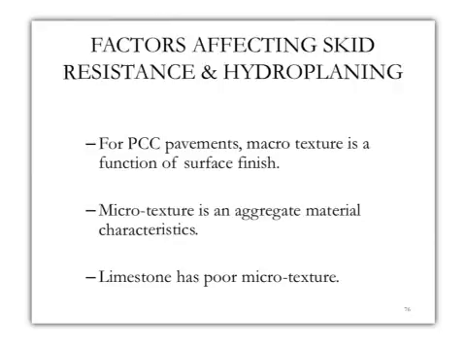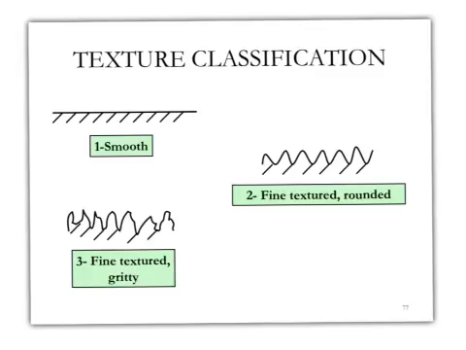One of the bad choices that affect the skid resistance of Portland cement concrete is the use of limestone. Limestone has a very poor micro texture, and it's not really recommended to use it, especially on the top surface of the PCC. Here is an illustrative example for the texture classification.